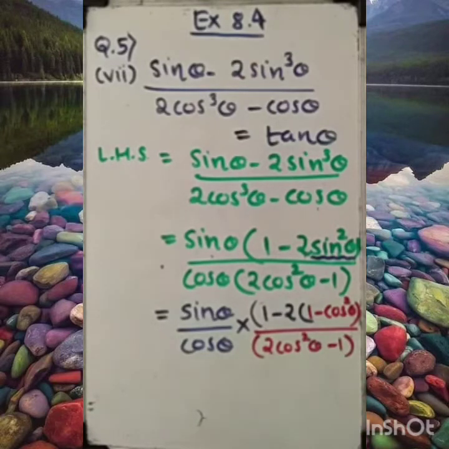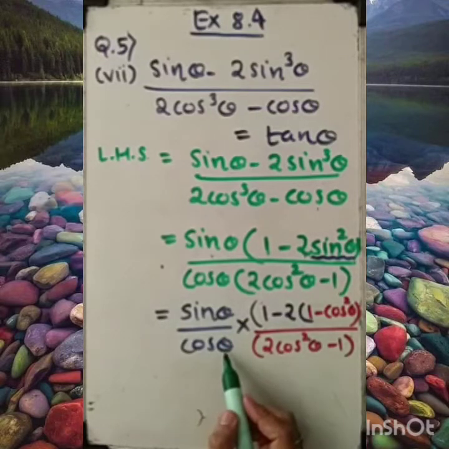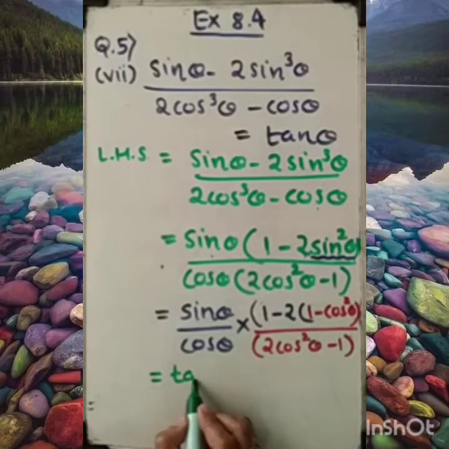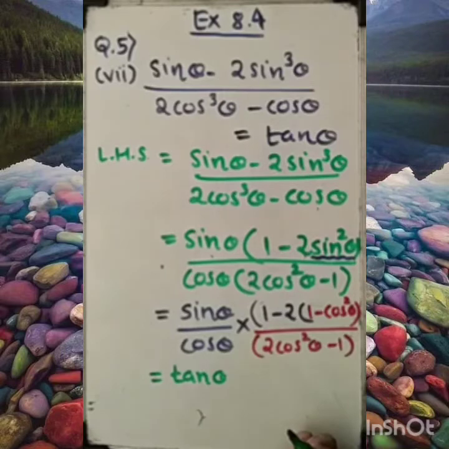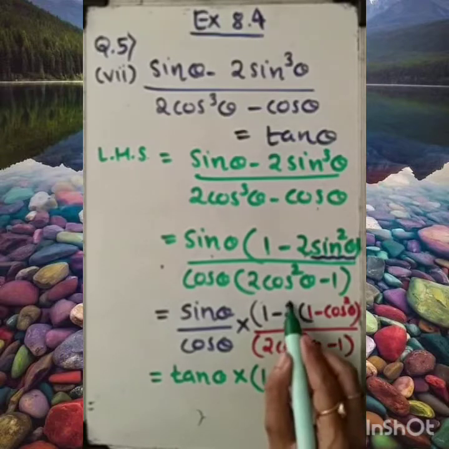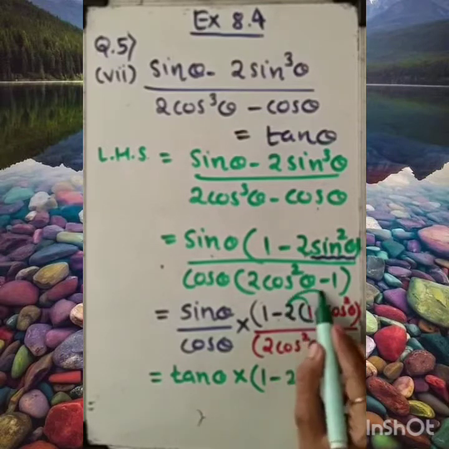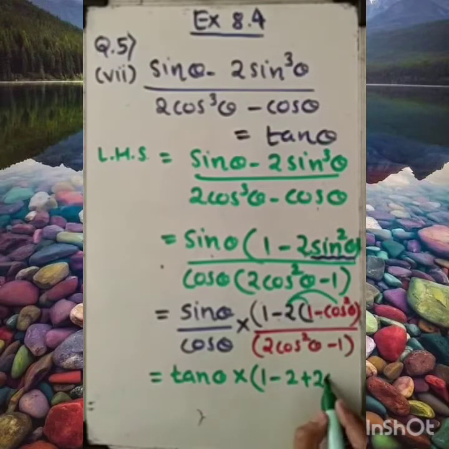Okay. Now, next step. You know very well, dear students, sine theta upon cos theta itself gives the result tan theta. Sine by cos means tan. Now this side, let me simplify. So 1 minus 2, minus minus plus 2 into cos square theta, 2 cos square theta.